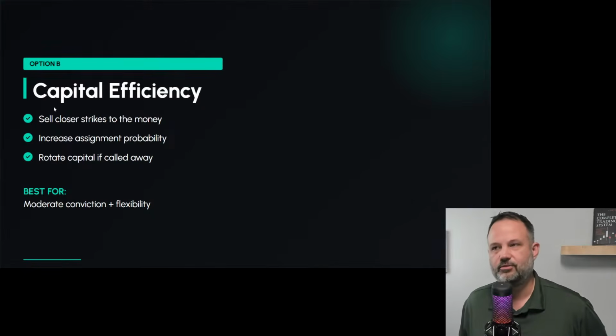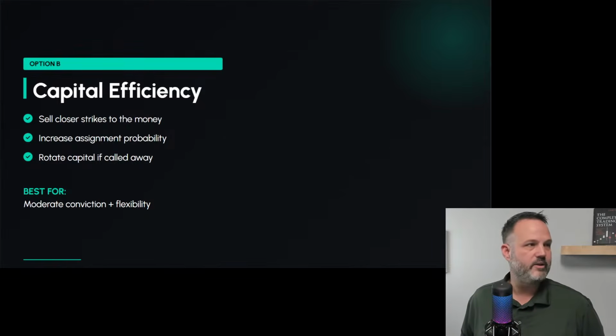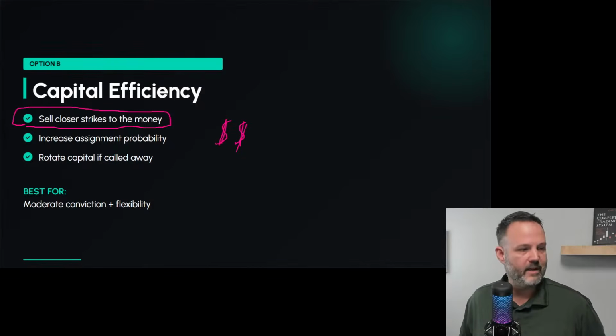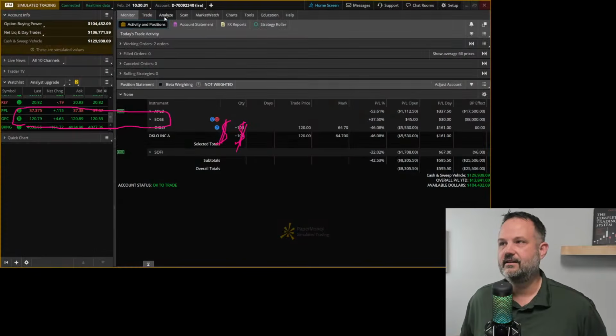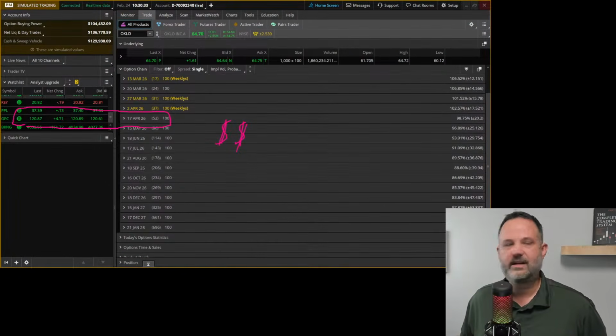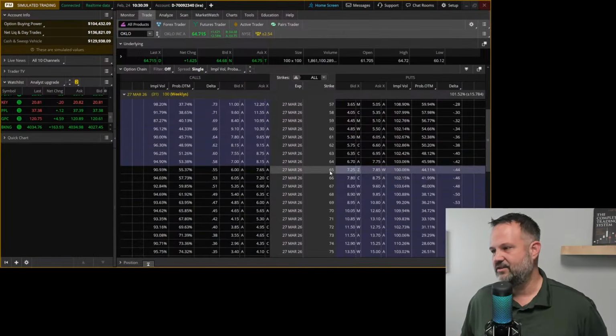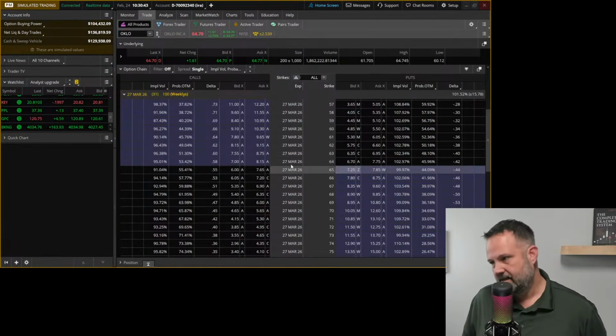Option B. Well, we could sell strikes closer to the money because we want to get out and earn a little bit more premium. If you don't know what I mean by that, let me just look at the option chain and explain it. We're going to go to the chain here, OKLO. Let's do a 30-day. Look at this. So these are the calls. It's currently trading at 64.70.